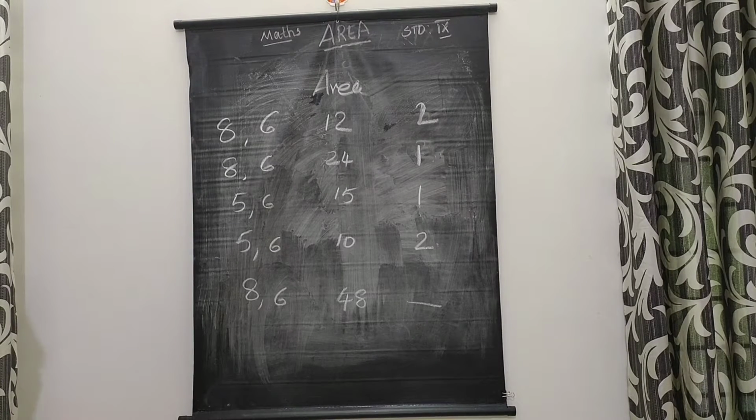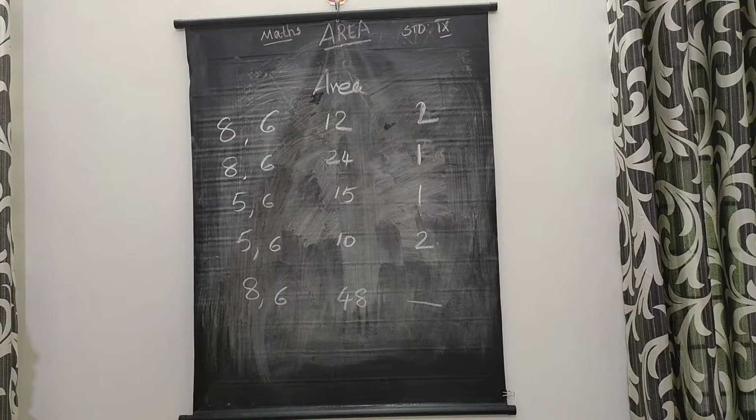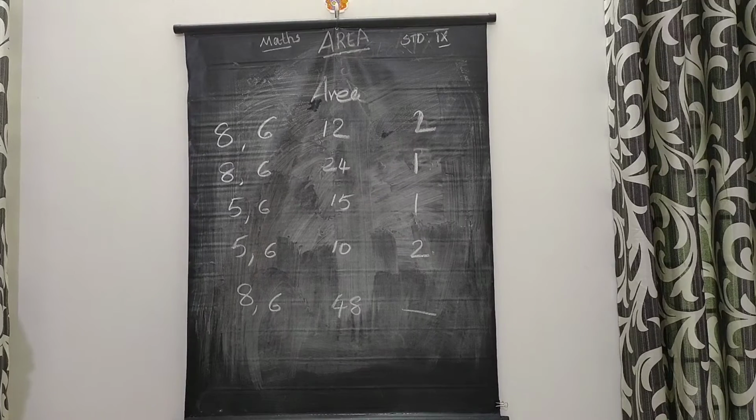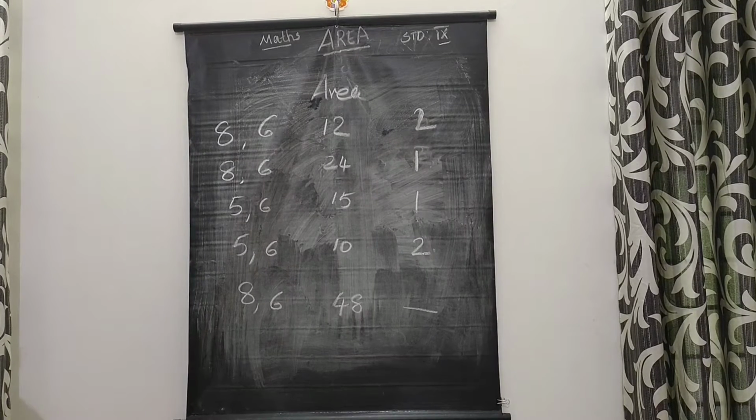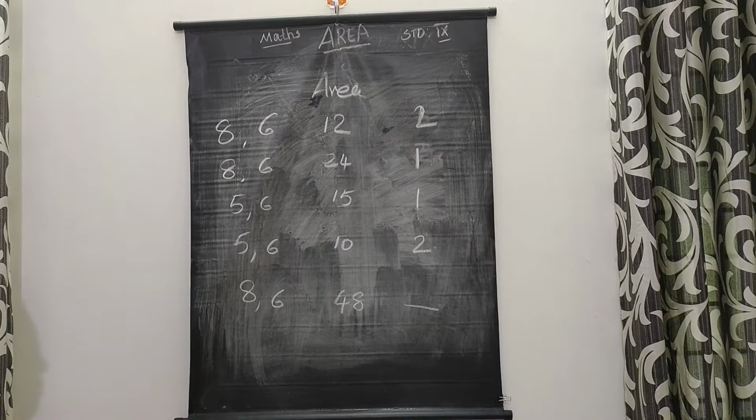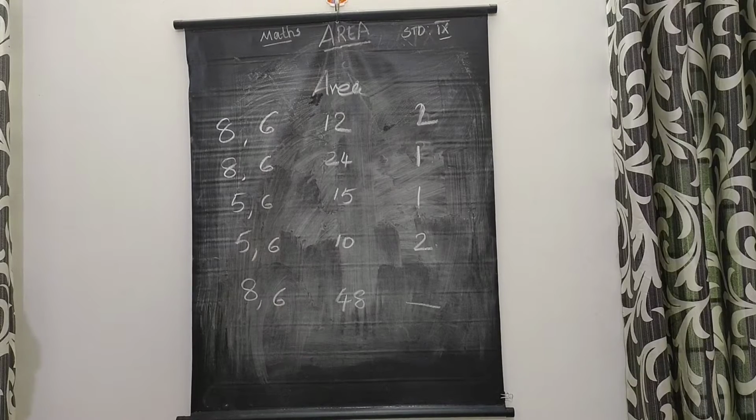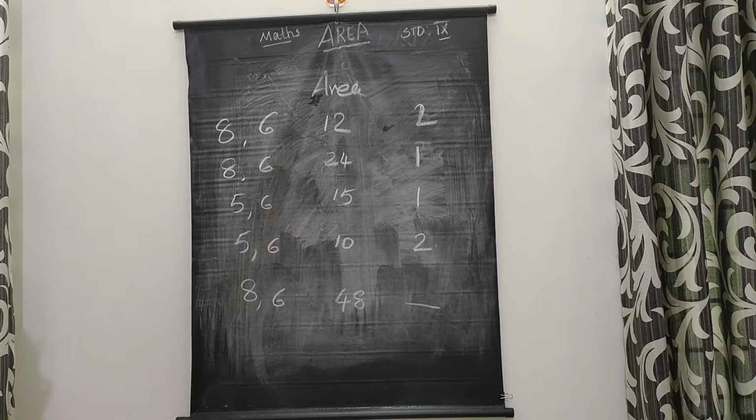And similarly using 5, 6 as the sides and 15 square centimeter as area, we can draw only one. Then again 5 and 6 with the area 10 we can draw two triangles. And the last one, 8, 6 as the sides and the area 48 square centimeter, we cannot draw a triangle.